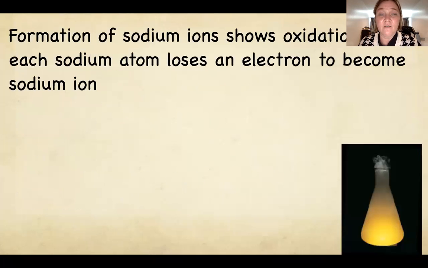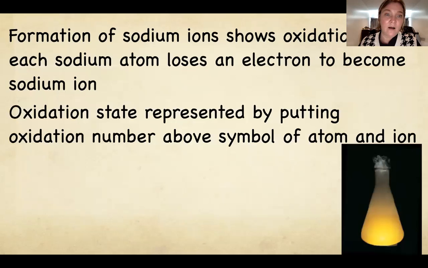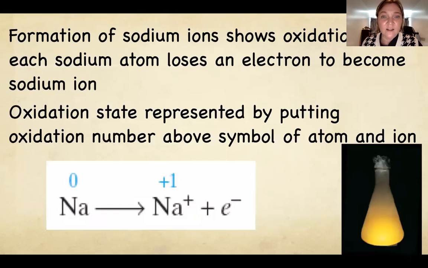The formation of the sodium ion shows oxidation of sodium, because each sodium atom loses an electron to become a sodium ion. We put the oxidation number directly above the symbol of the atom and the ion. If we want to write a half reaction for the oxidation of sodium, we write it like this.